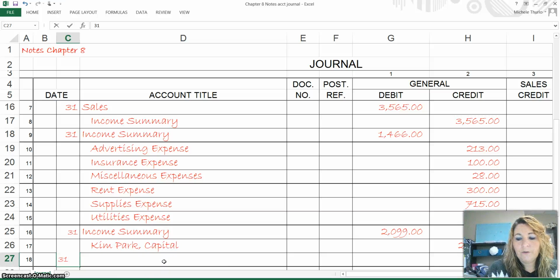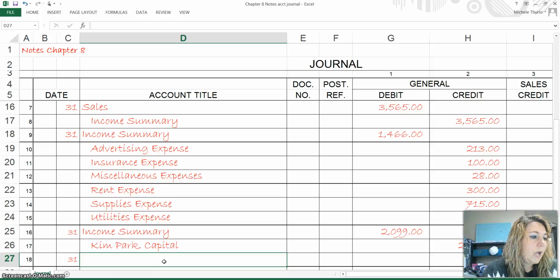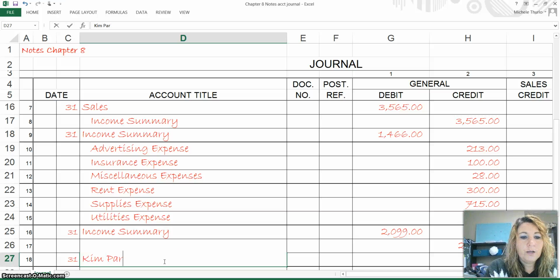So the date is still the 31st. Drawing has a normal debit balance, and if you look at your worksheet in the balance sheet column for drawing, you'll see Kim Park Drawing had $625 debit, so we need to make that a credit. We always list our debit on top, and so we're closing our drawing to our capital account. So this one's going to be Kim Park Capital.